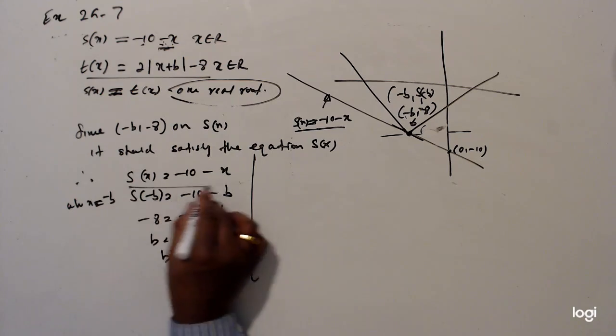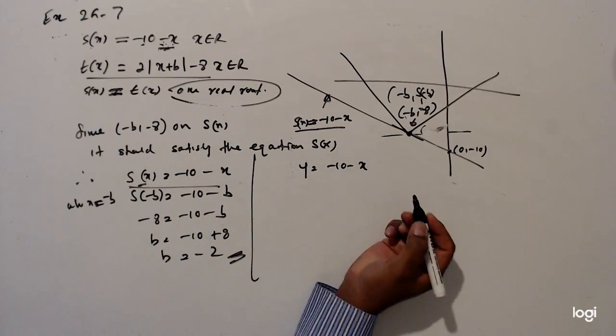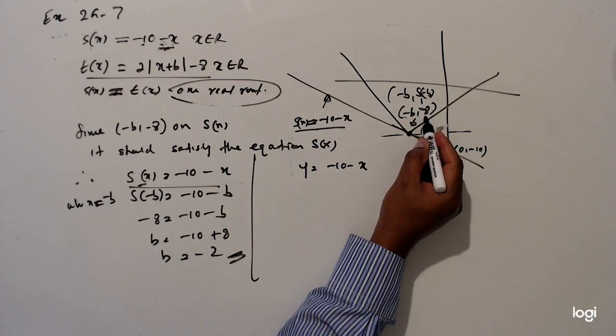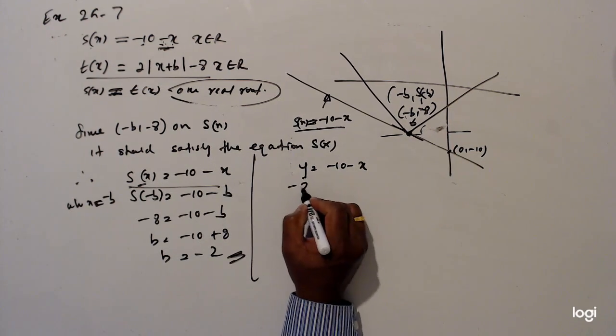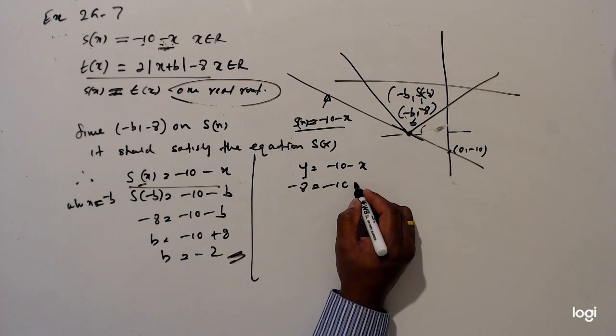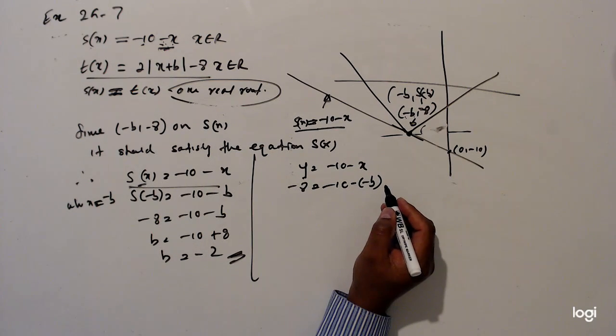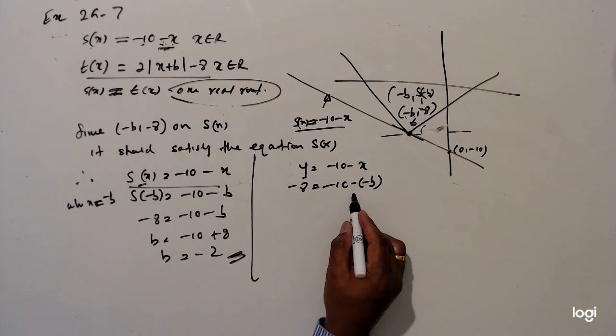If we have the equation y equal minus 10 minus x, simply you can write the y value is minus 8 and minus 10, the x value is minus b. I think I have to do a correction just now.